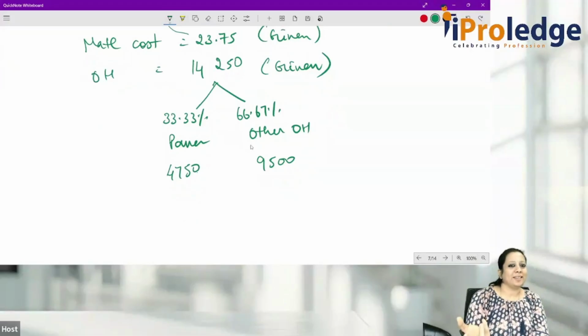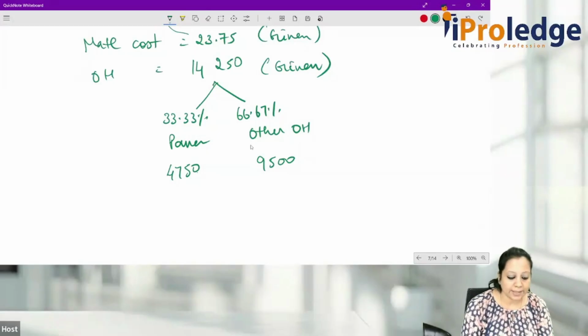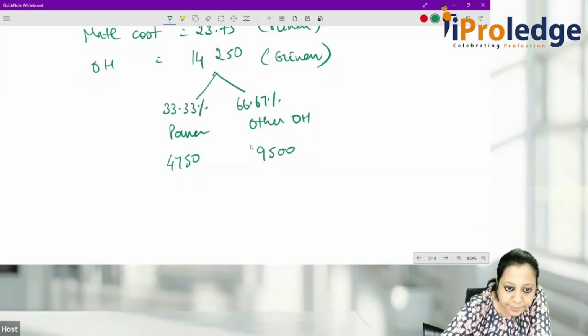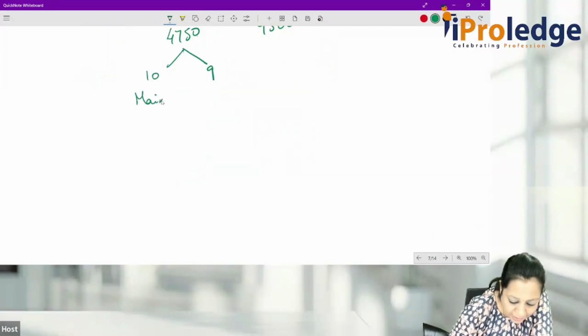Now here it is very easy. Look into the question. Power cost is chargeable as 10 is to 9. All other overheads are actually 14 to 50. So let us see how we need to do it. This has to be distributed in the ratio 10 is to 9 for the two products, main and byproduct.